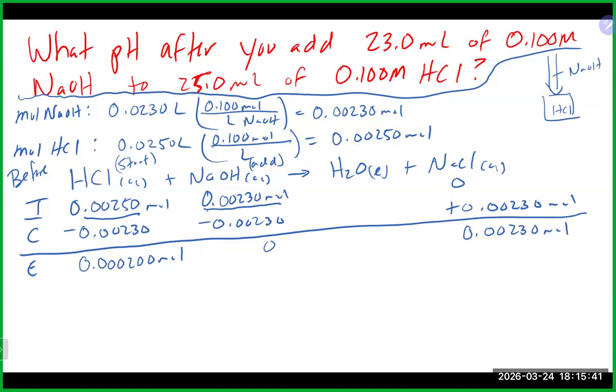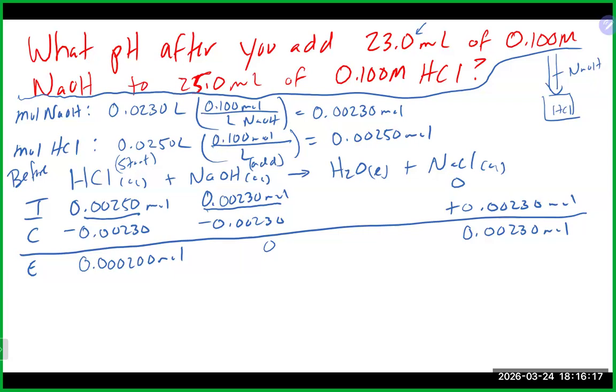Any questions on the ice table up to here? Do you have to show the salt? I'm going to say you should in this case, not for this type of titration, but for some others that we're going to talk about. I don't want you to always ignore the salts because it might actually be important. Other questions?